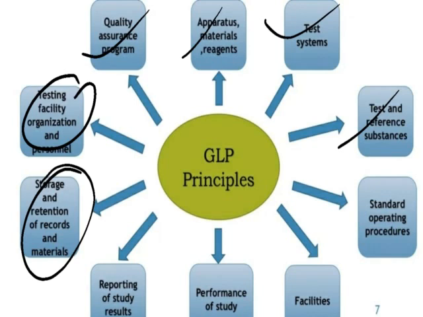Then you have to take the test as well as the reference substances. Then the standard operating procedure, SOP, you have to maintain. Then facilities have to be provided. Then the performance of your study and reporting of the study results. So all these parts come under the GLP principle.